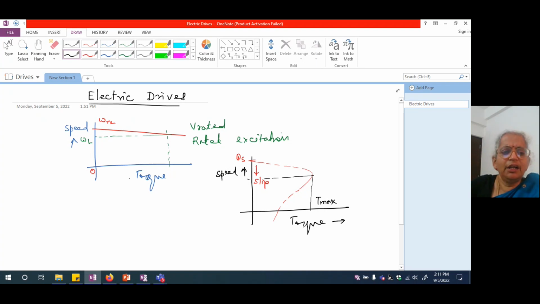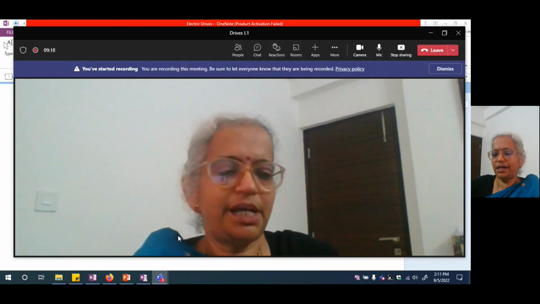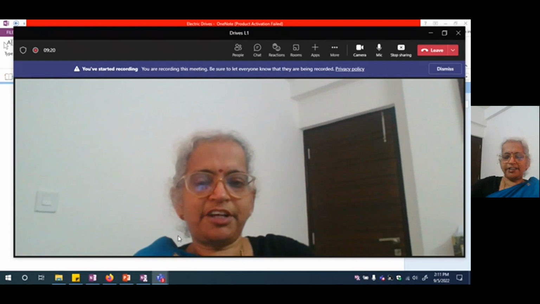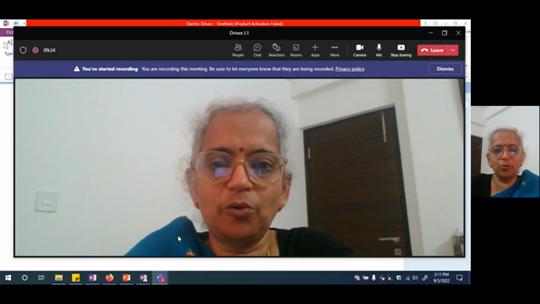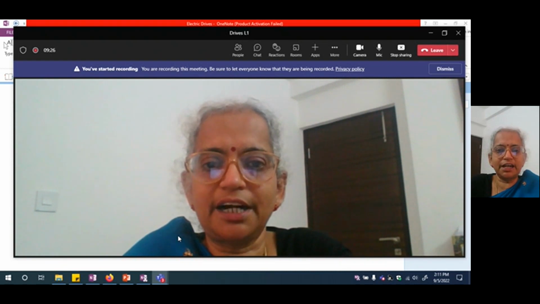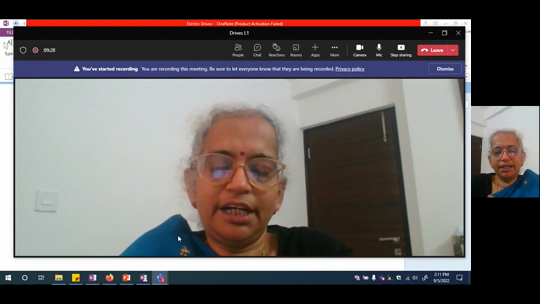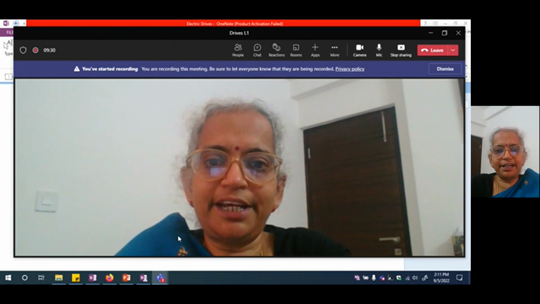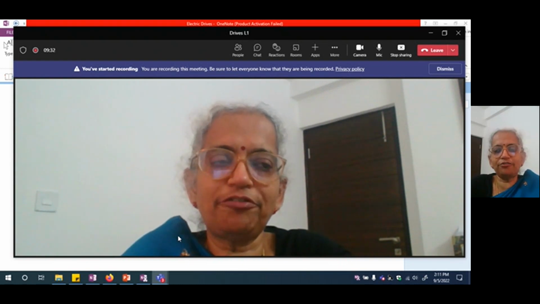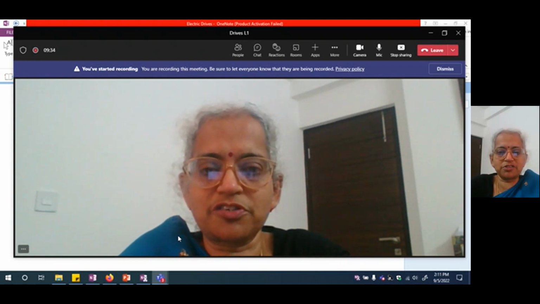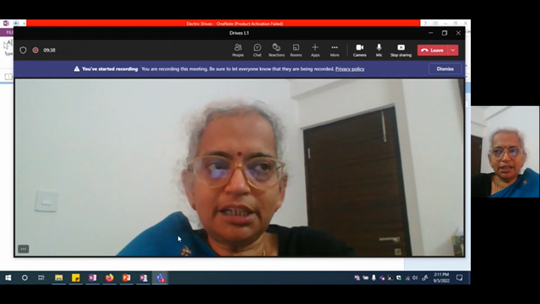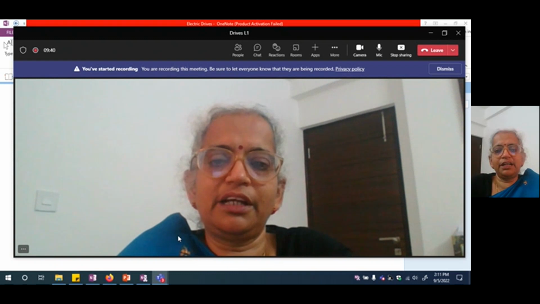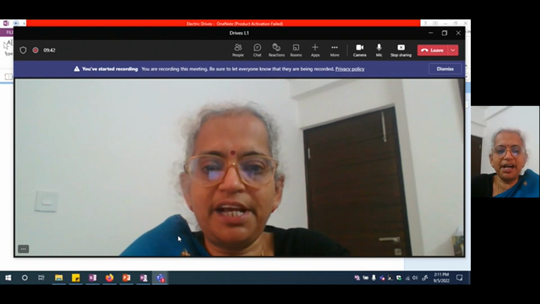For example, if I am looking at an electric vehicle, it will generally require a very high starting torque because it has to essentially haul the entire weight of the vehicle and the passengers, everybody who is sitting in the car. So the torque requirement at the beginning itself is going to be very, very high.